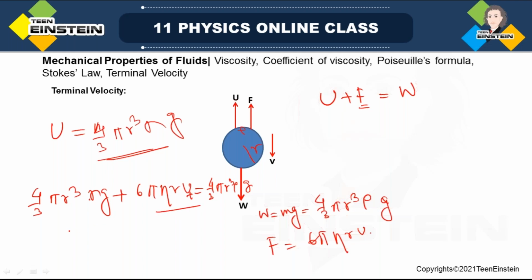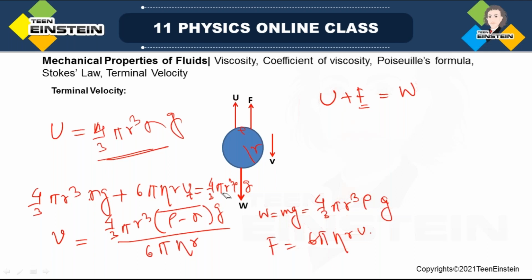Now we have to solve for terminal velocity, so v will be 4 by 3 pi r cube rho minus sigma into g divided by 6 pi eta and r.